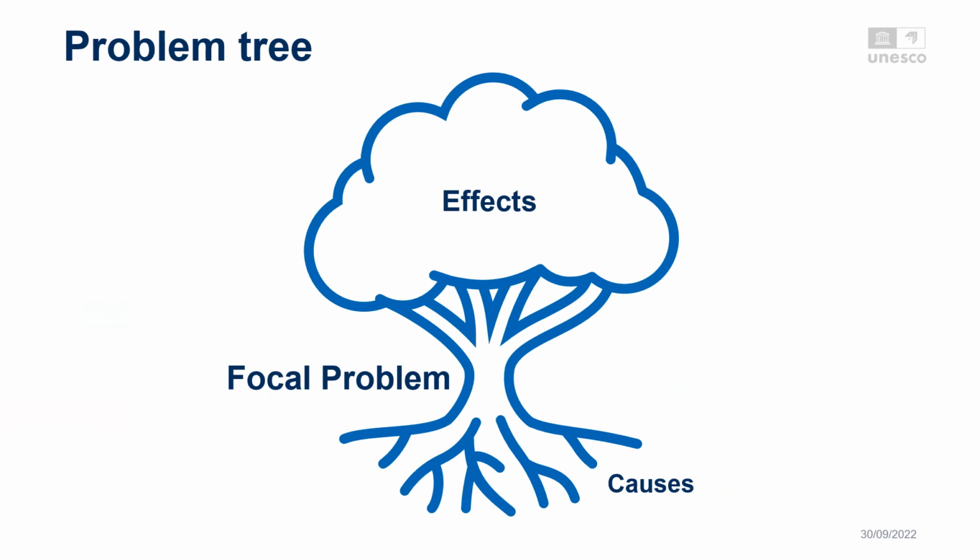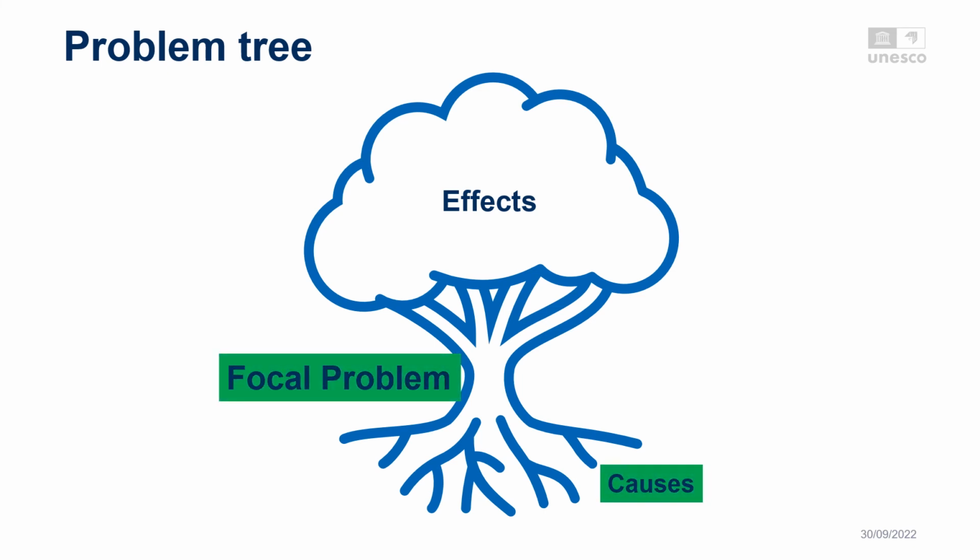So far, we have constructed the roots of the problem tree, or the causes, and the trunk, that is, the focal problem. The last step is to include the branches, the effects.